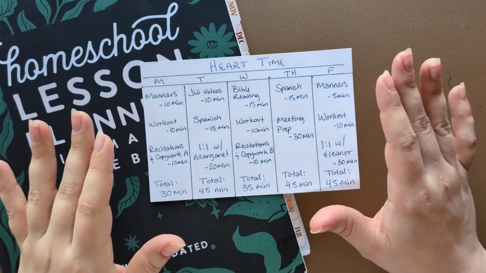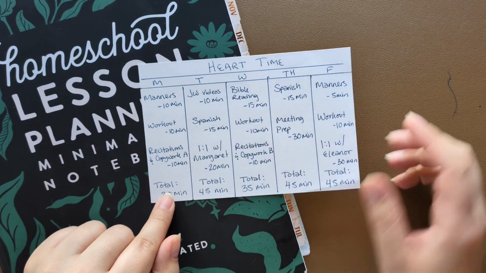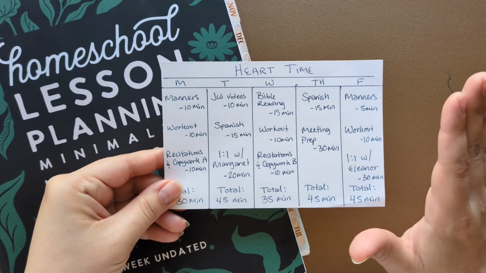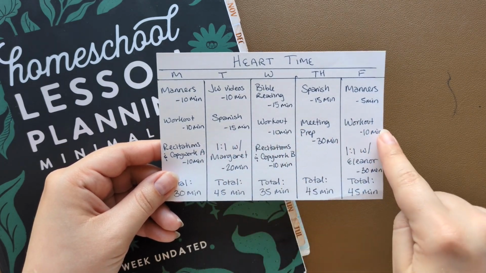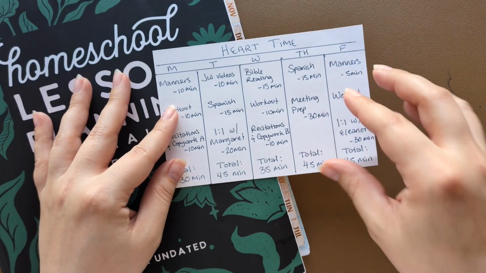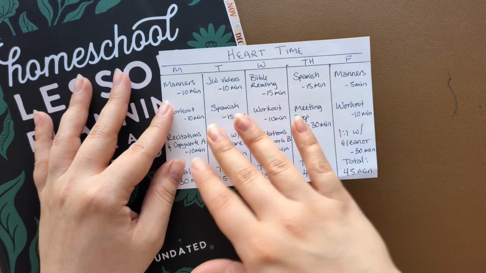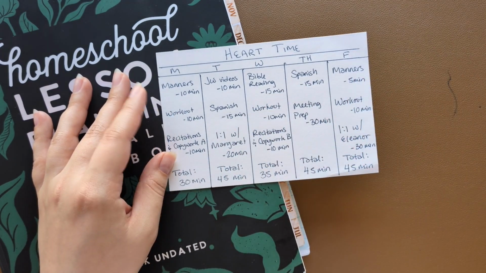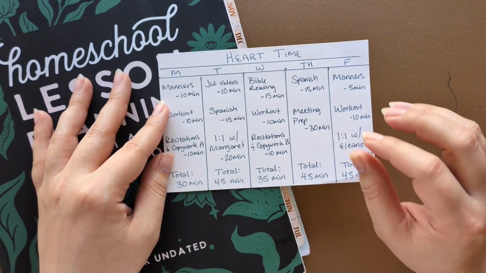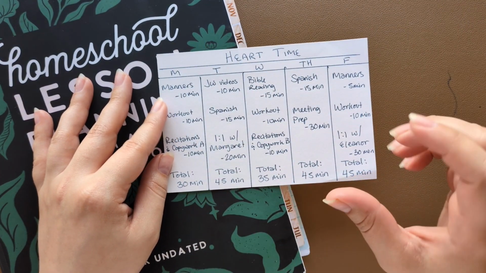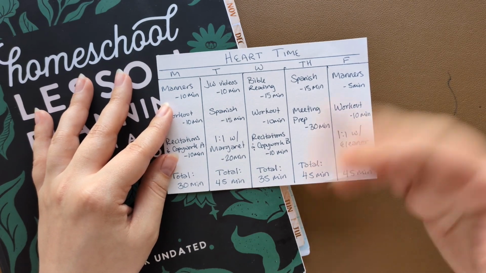So I just want to show you the basic schedule that I came up with for our heart time for each school day, Monday through Friday. And the reason that I'm focusing on sharing the heart time lineup with you guys is because our heart time block has the most moving parts and the most variables. Those other time blocks are pretty consistent.